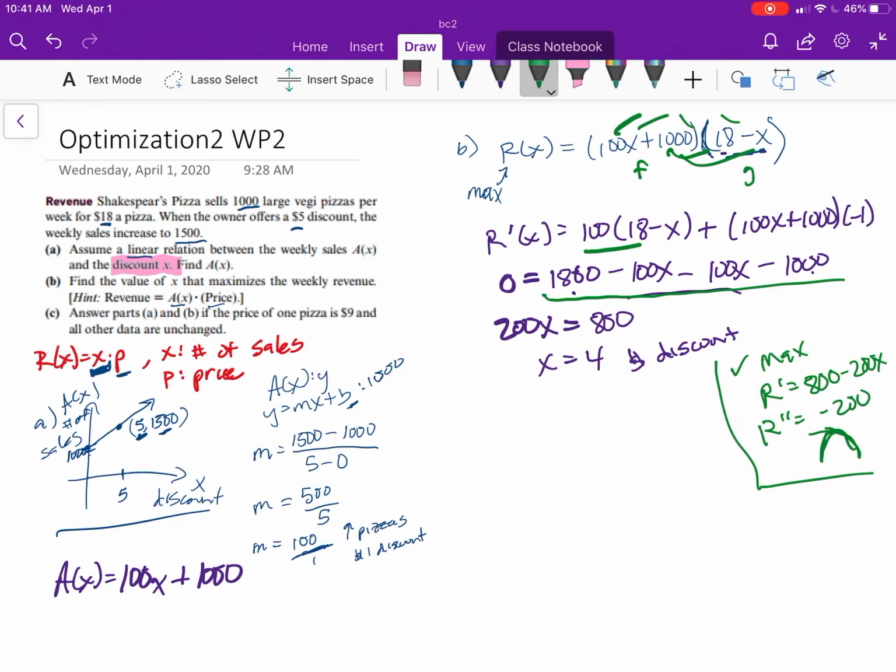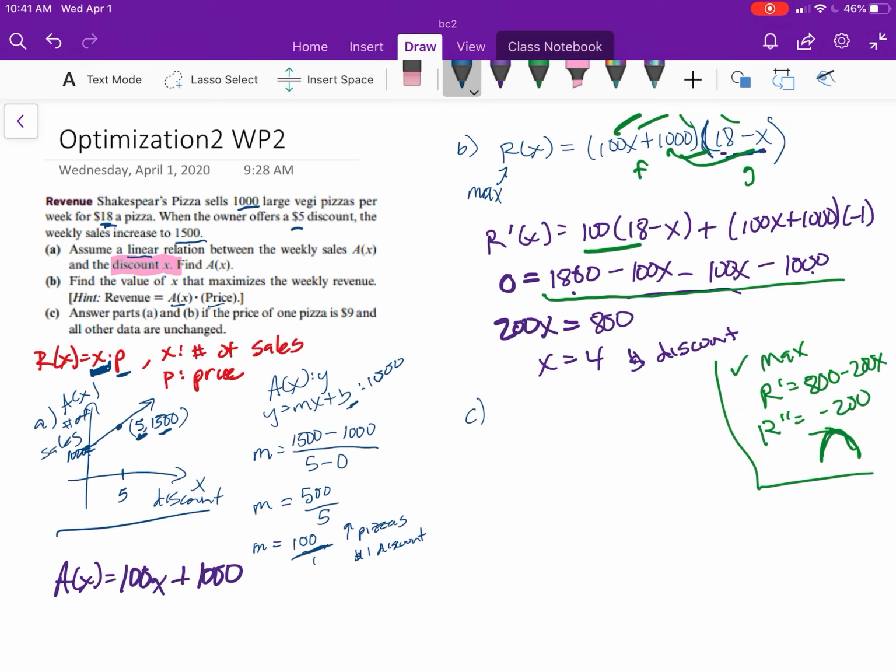$4 discount is x. C, answer parts A and B if the price of one pizza is $9 and all other data are unchanged. Okay, well, looking at this then, the original was $18 a piece.